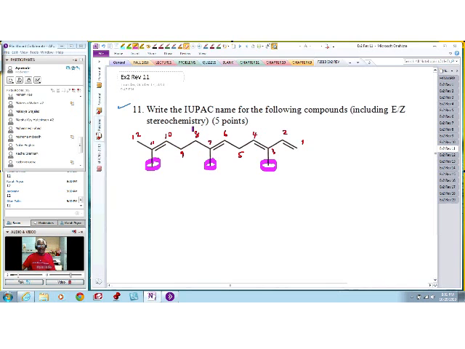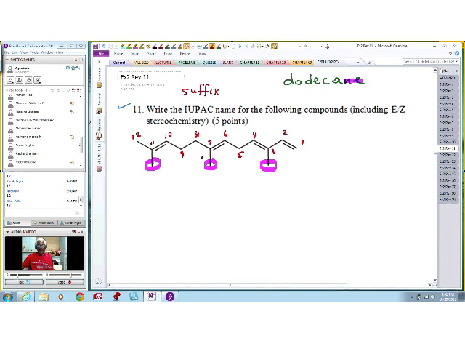So the base name, since we have 12 carbons here, will be derived from dodecane. So what we are going to do here, we are going to remove the ne suffix and replace with the tetraene suffix later. Okay. So we have that.